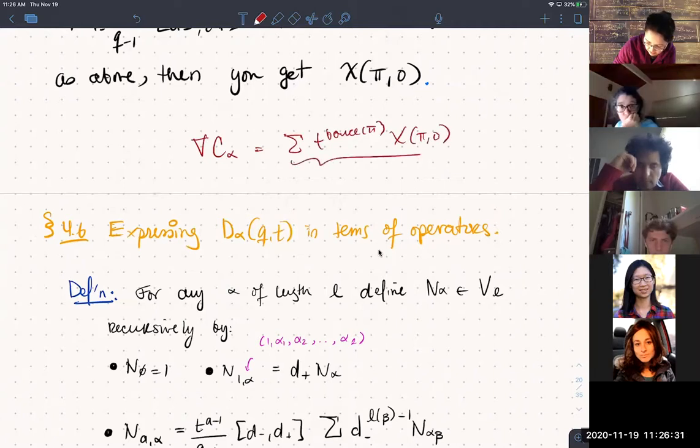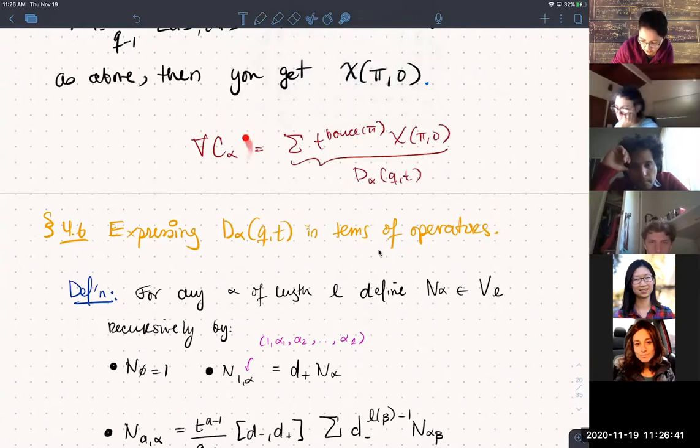This right-hand side is what we were calling d alpha of qt. The goal of the paper is proving that this left-hand side is equal to d alpha qt.